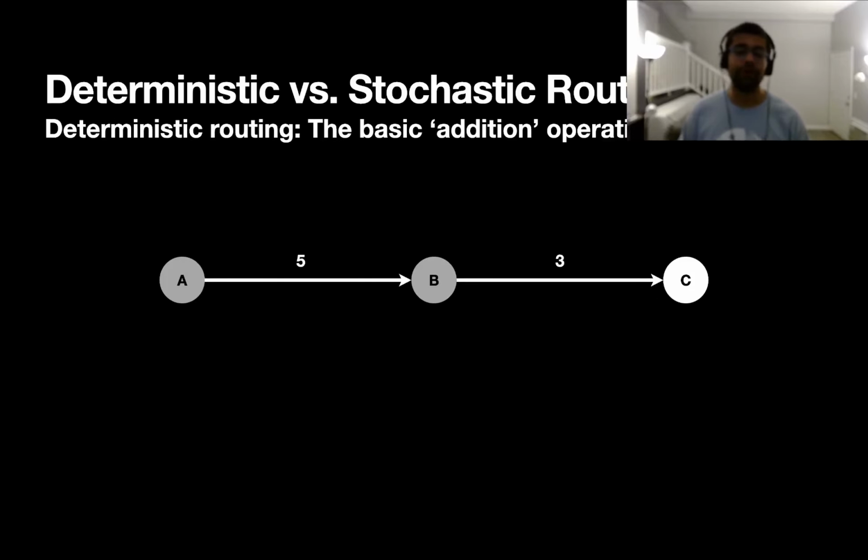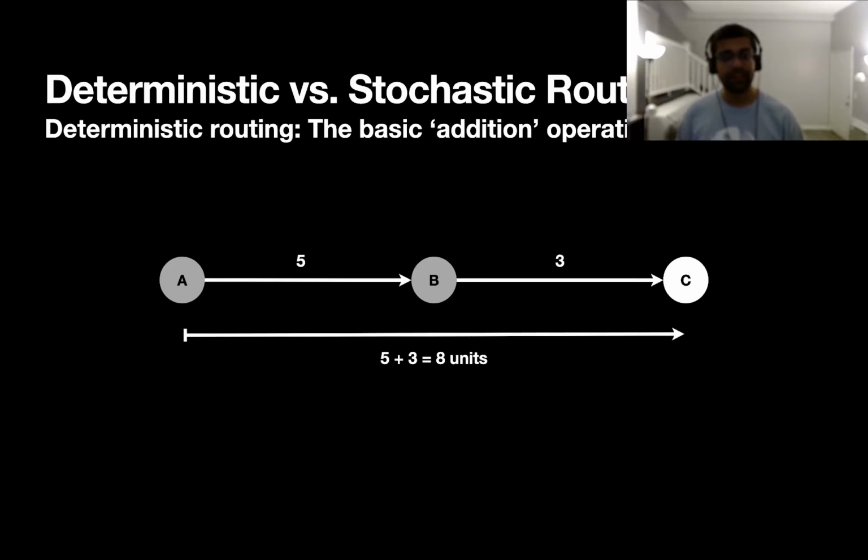Now, to understand what makes stochastic routing particularly difficult, let's say we have a graph with just three vertices. The edge weights of AB and BC are assumed to be 5 and 3 units respectively. Then the total edge weight from A to C is 5 plus 3 or 8 units.